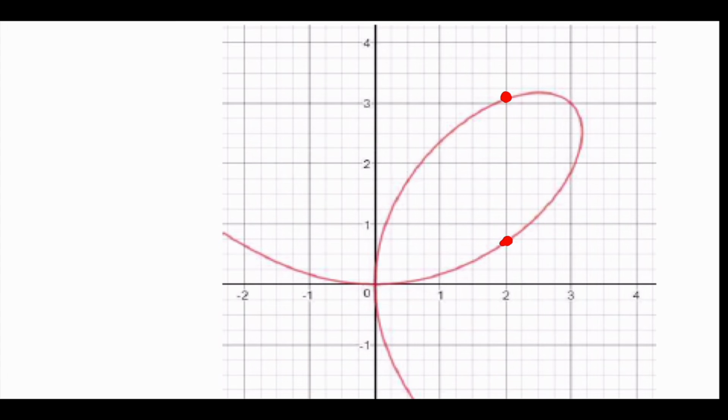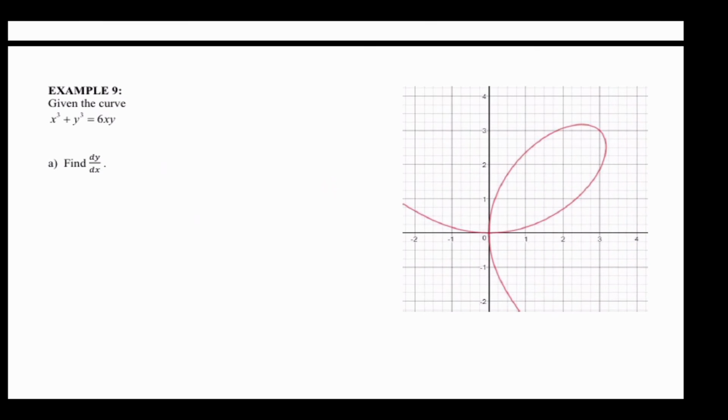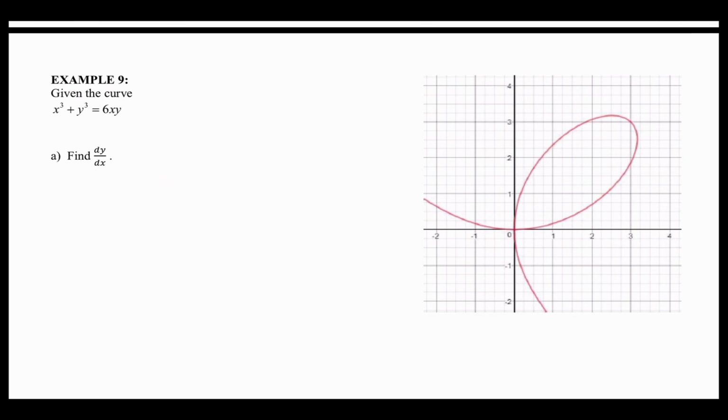It's going to have 2 different tangent lines, one here and one here. They're not functions. Anything that's not a function will have that. If it is a function, it only has one tangent line. But sometimes implicit equations are non-functions.